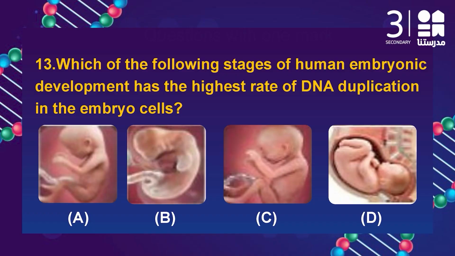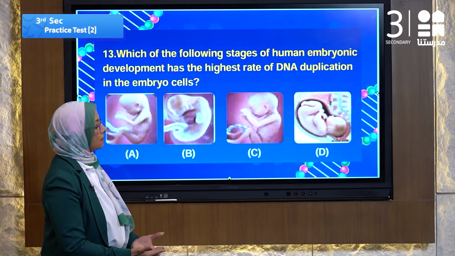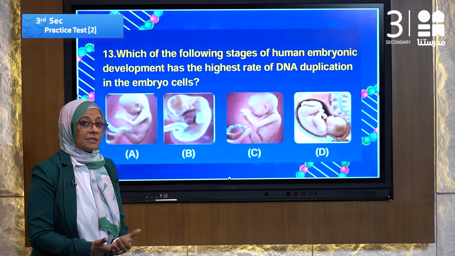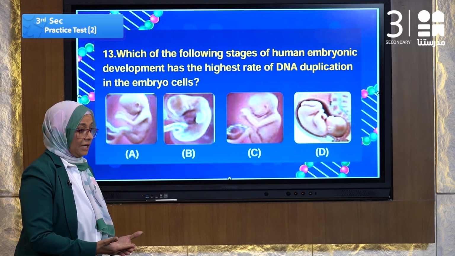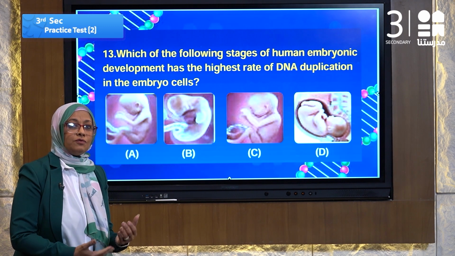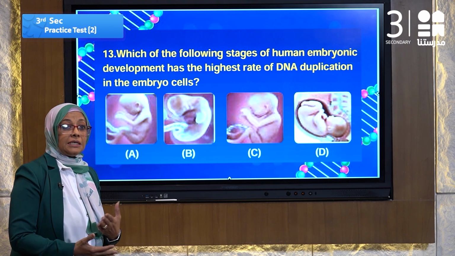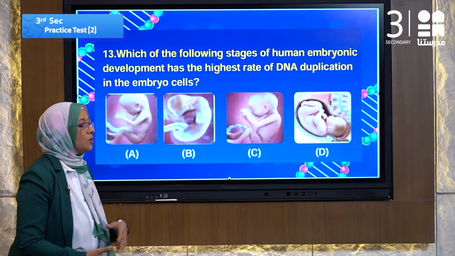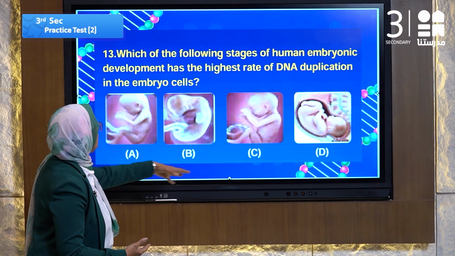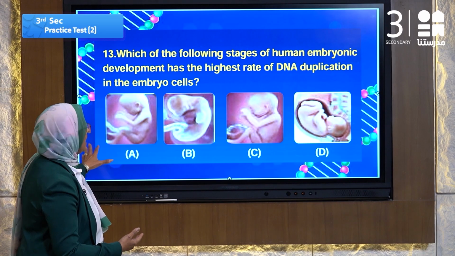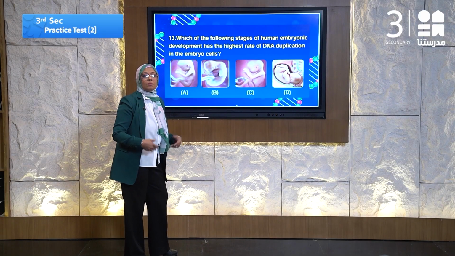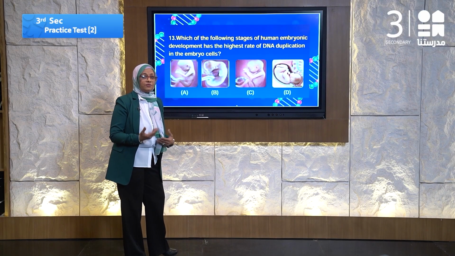13. Which of the following stages of human embryonic development has the highest rate of DNA duplication in the embryo cells? When does the DNA duplicate? The DNA duplicates at cell division. I need more cell division to grow the embryo. Which part will need more growing, more mitosis, more cell division?